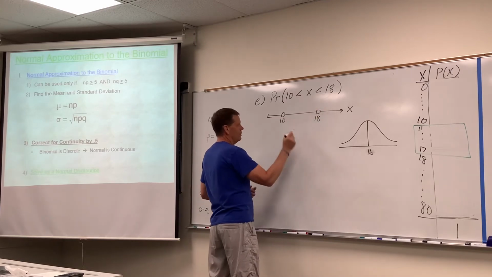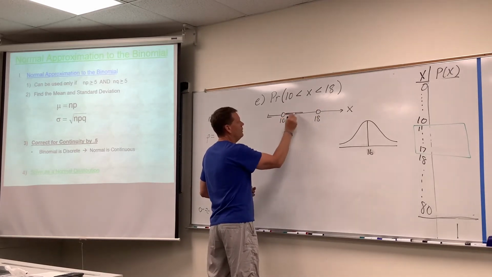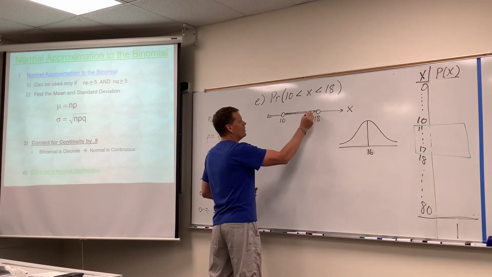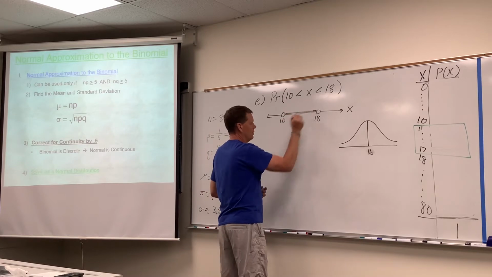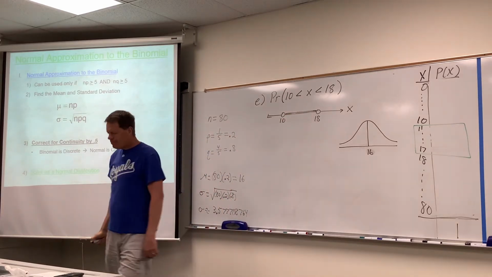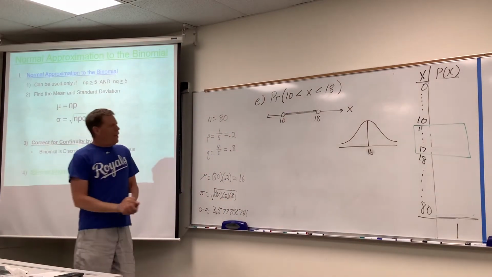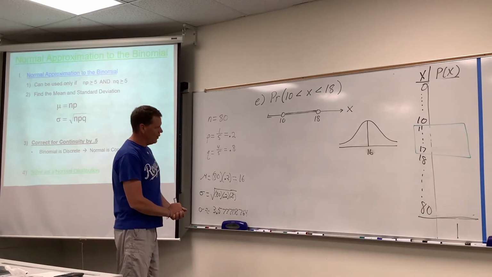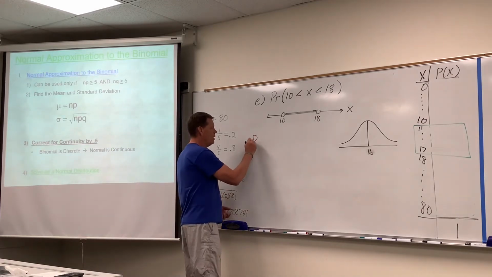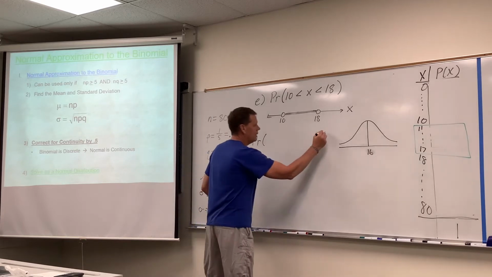We're leaving them out. Hollow. That's what you learned back in college algebra, the symbol on a number line for exclusion of a number. That impacts the correction for continuity step significantly.